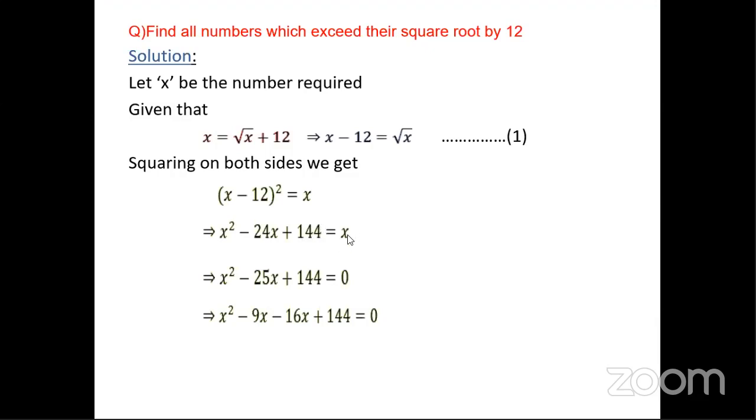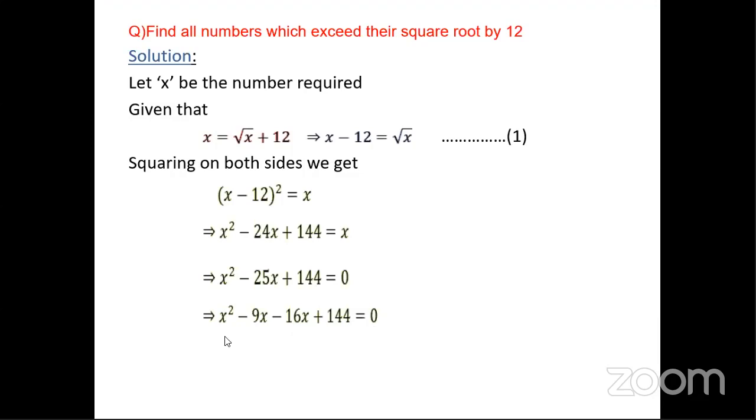Now, the term x on your right hand side, if we shift that to the left hand side, it becomes minus x. So minus 24x minus x gives you minus 25x, isn't it? So you will have x square minus 25x plus 144 is equal to 0. Then on factorization, that 25x we are writing as minus 9x minus 16x plus 144 is equal to 0.